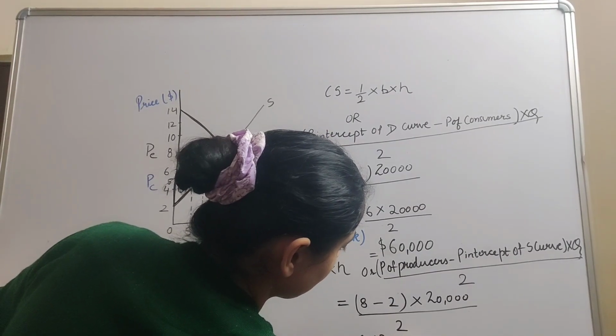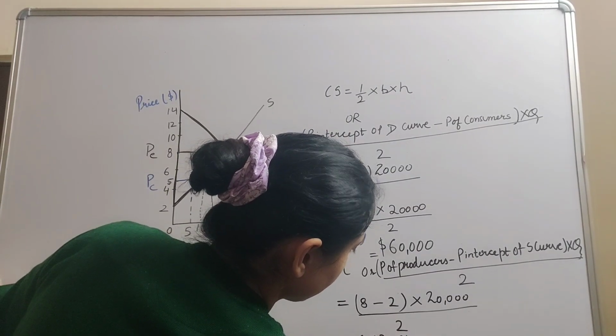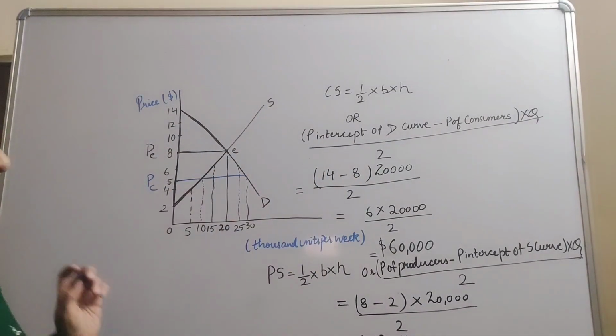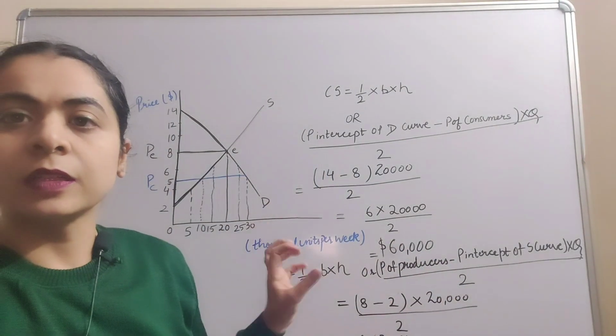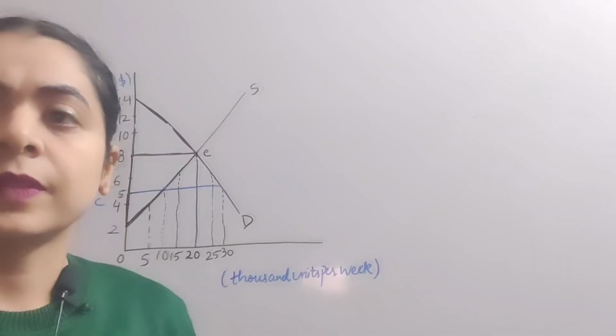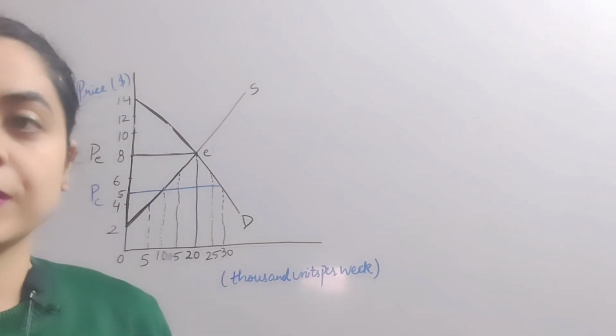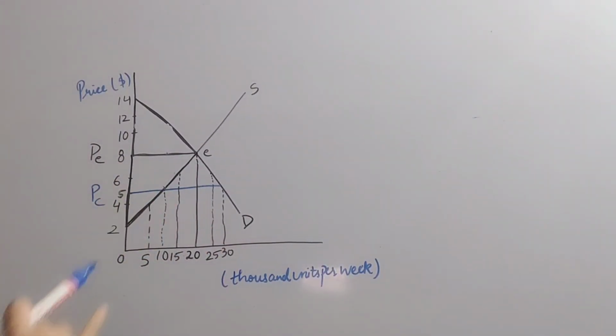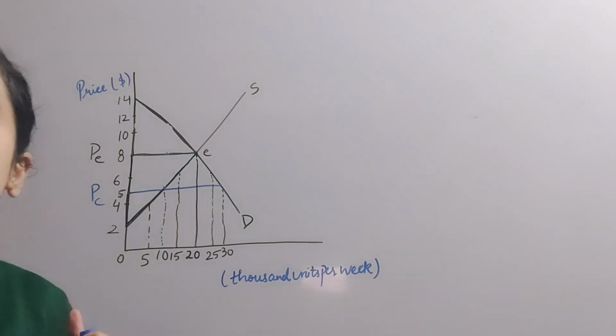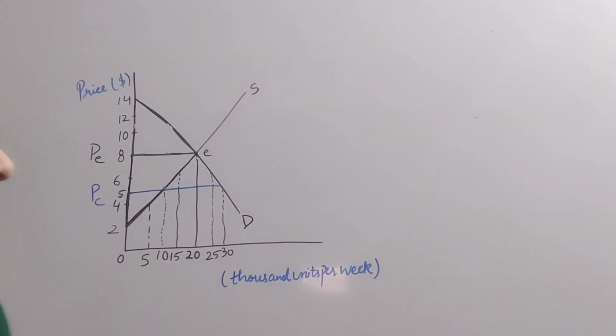Six times 20,000 divided by 2. So again, we are left with $60,000. Now, since the government has imposed a price ceiling at $5, there will be a change in both producer as well as consumer surplus.